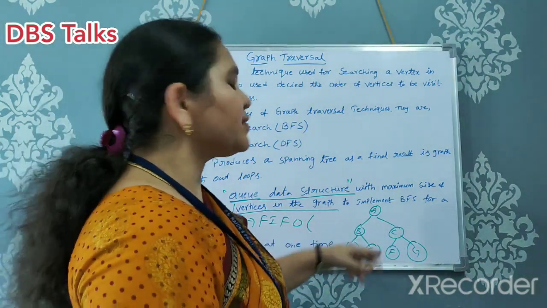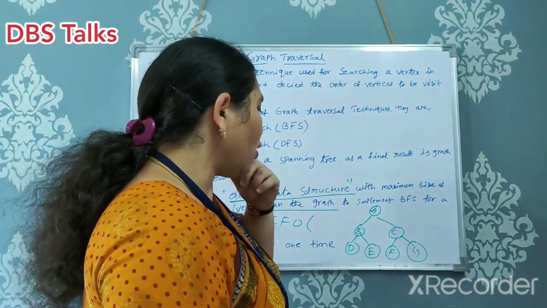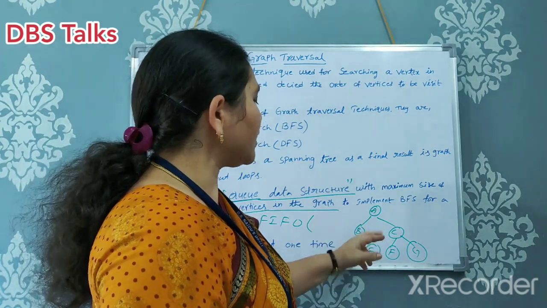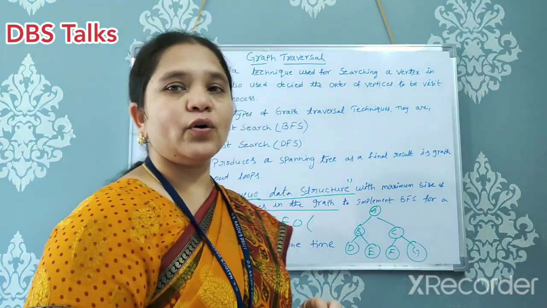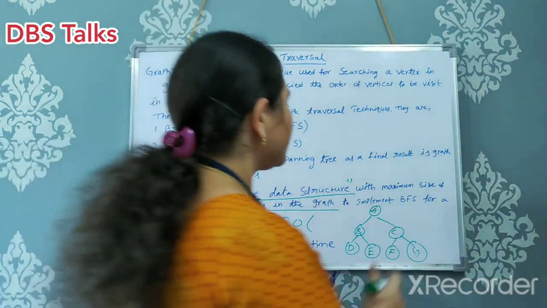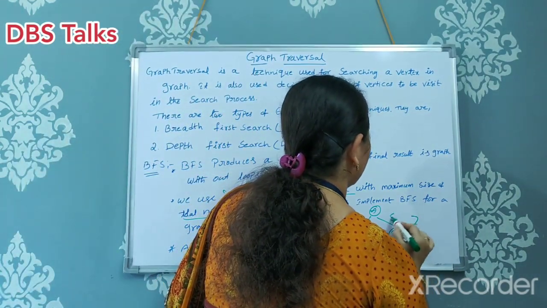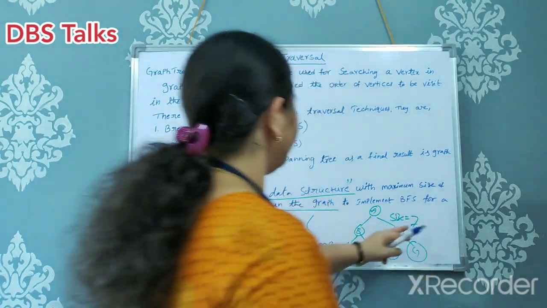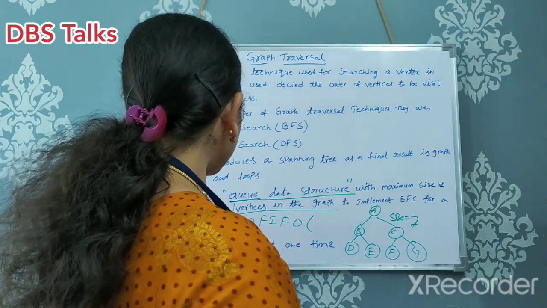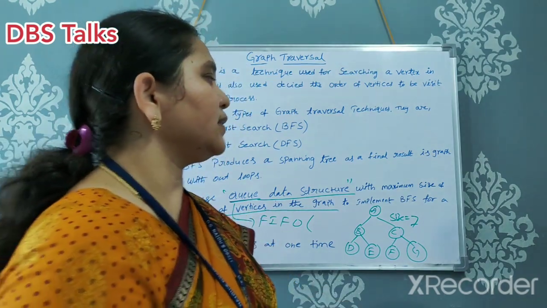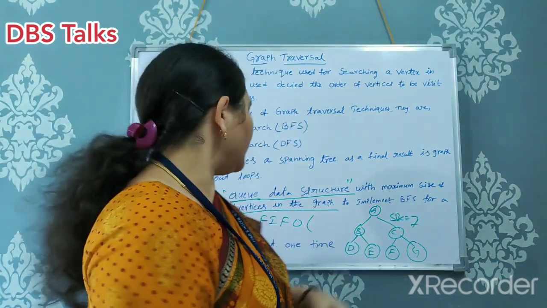Here the maximum size is the number of vertices in this tree: 1, 2, 3, 4, 5, 6, 7. So the size is 7.